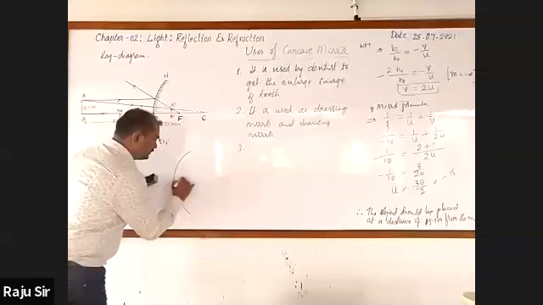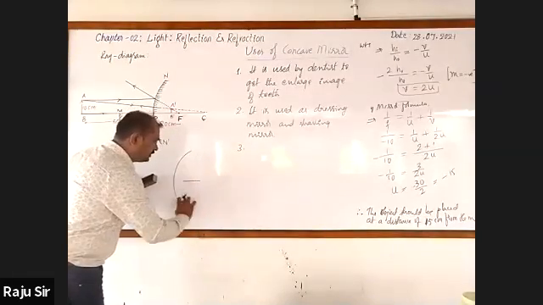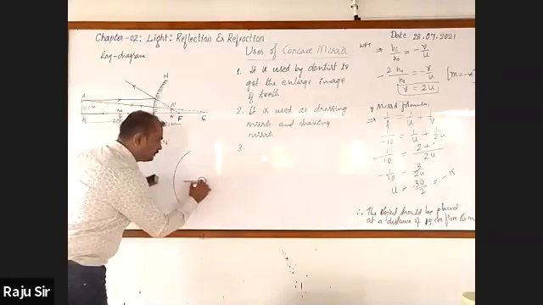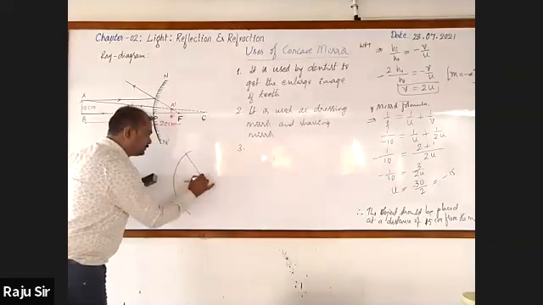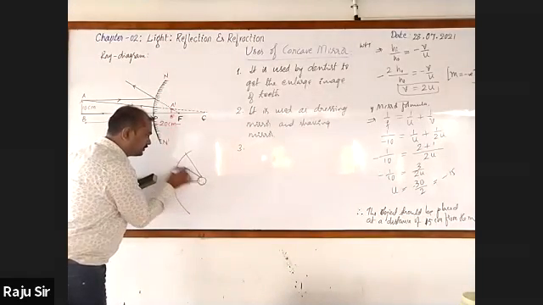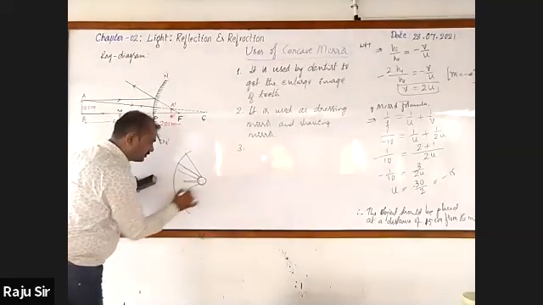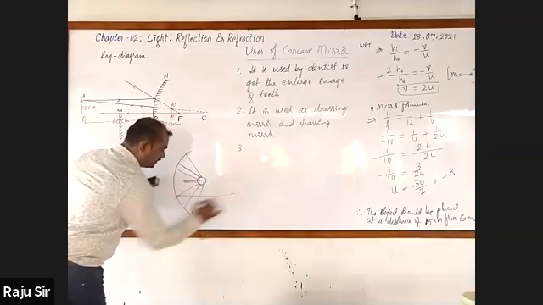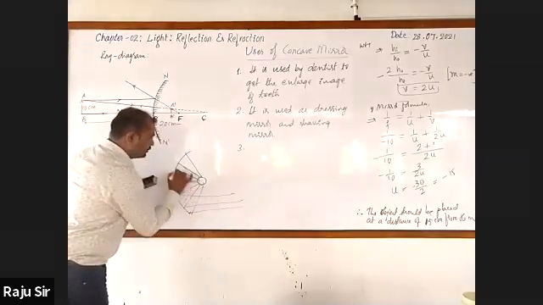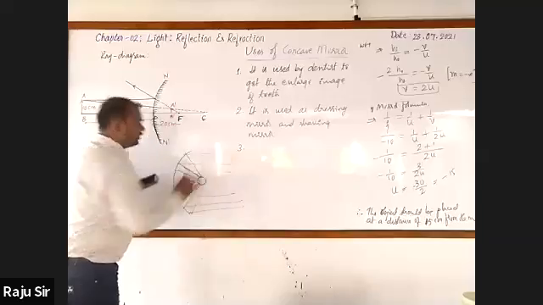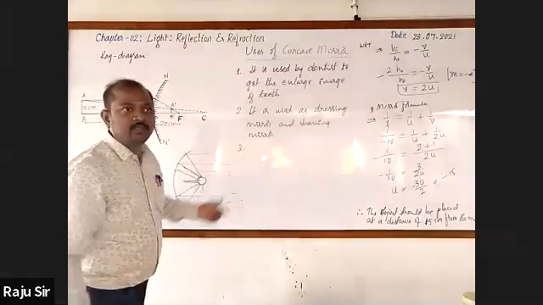This is the headlight. In that, this is the reflector. Here is the bulb. The light will spread like this, and these light rays become parallel to each other after the reflection.